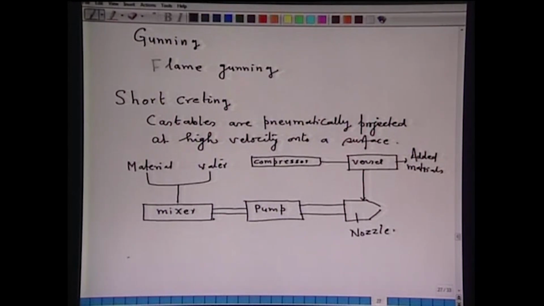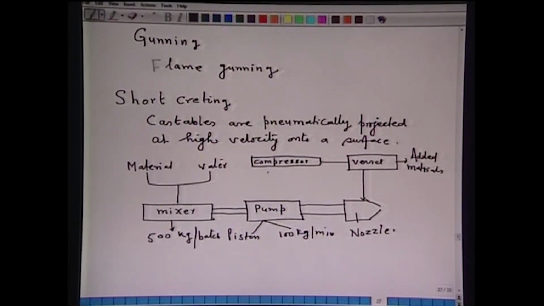Now, the material pump, that is here, there are two types. One is the piston type of pump, and another, it works at a speed of 100 kg per minute. Mixer capacity could be around 500 kg per batch.